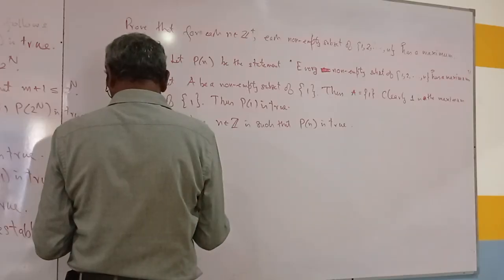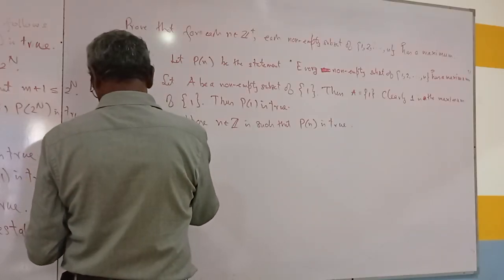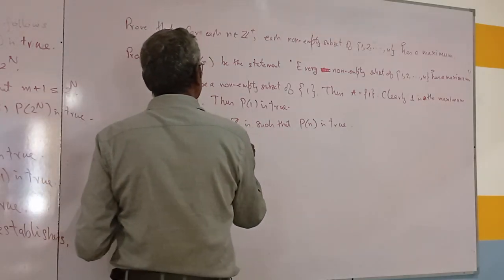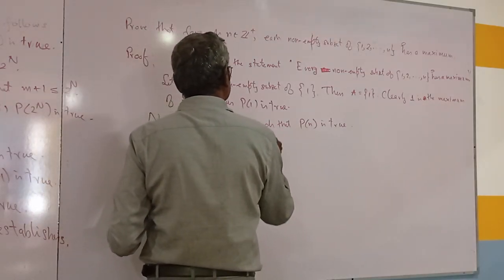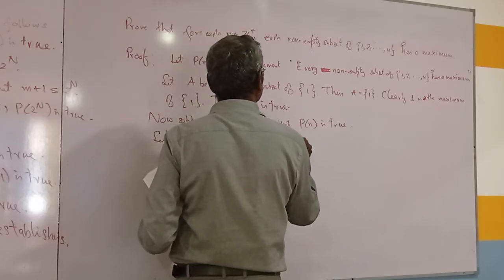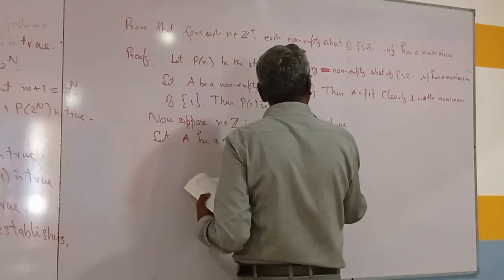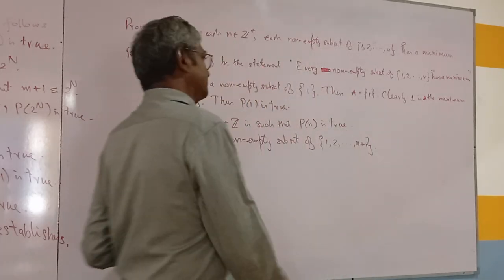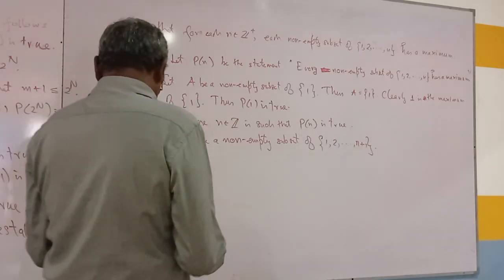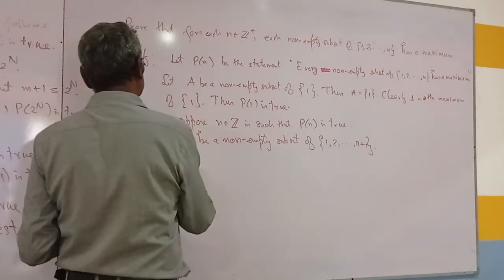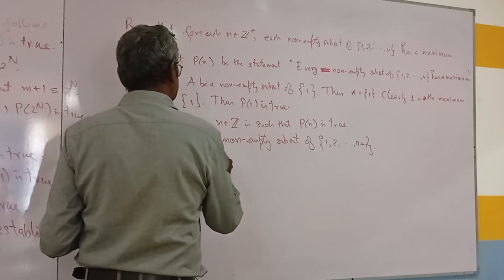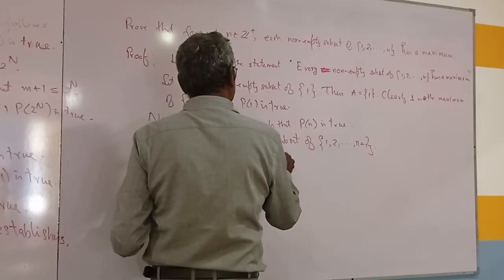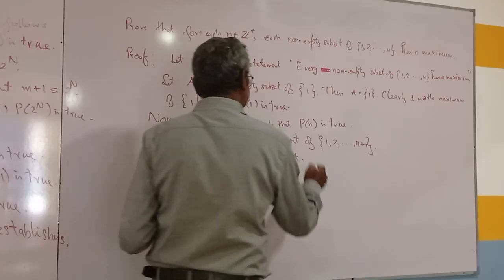Let capital A be a non-empty subset of 1, 2, up to n plus 1. Clearly, either n plus 1 belongs to A, or n plus 1 does not belong to A.